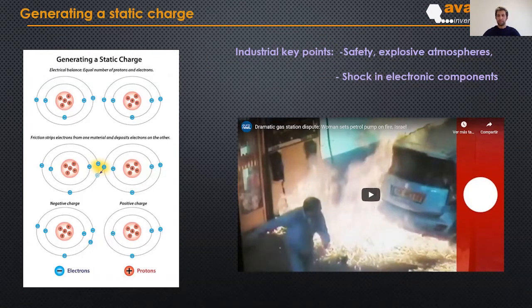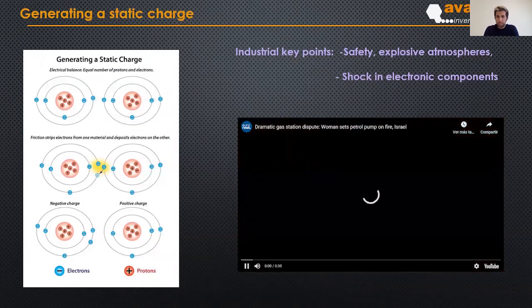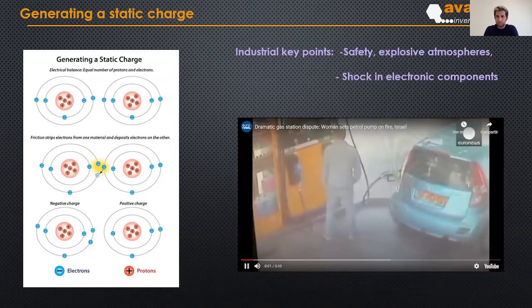But in industrial applications, the importance is crucial. Why? Imagine that you can generate an explosion, or even destroy electronic components, just from a spark. In this video, we are going to see something that is not common, but it is possible.